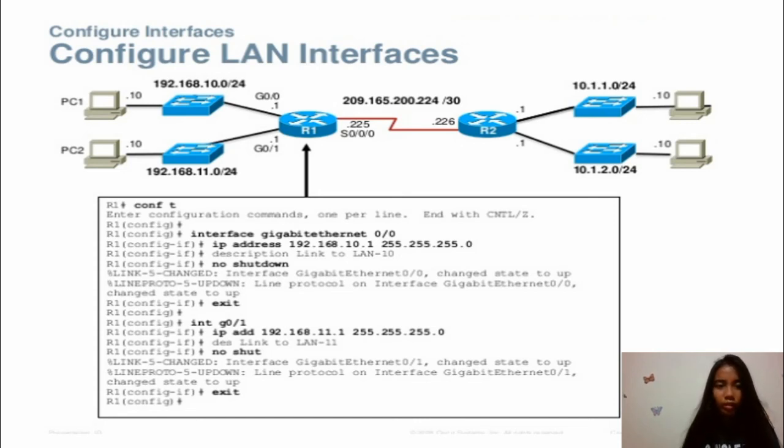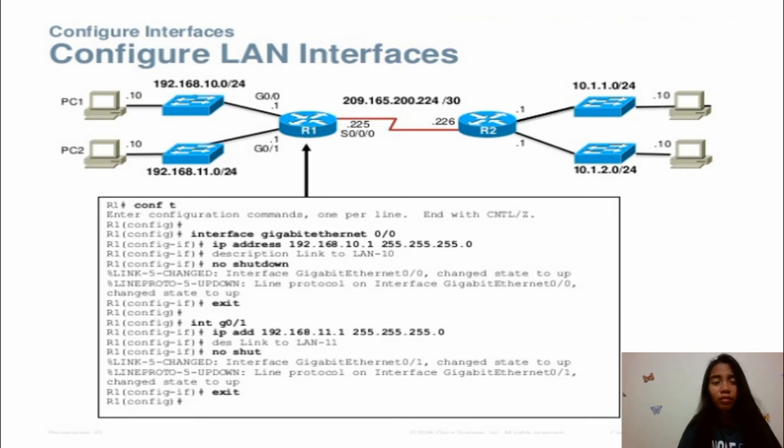You just enable the router first and enter config terminal, and you will enter interface GigabitEthernet 0/0, and you will put the IP address and the subnet mask, and you will activate the interface with no shutdown, and then exit. You do the same for interface GigabitEthernet 0/1.